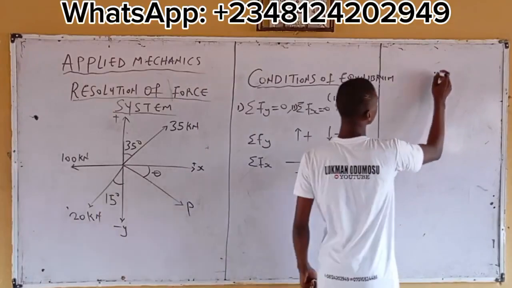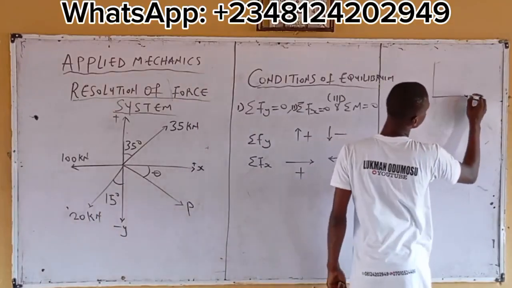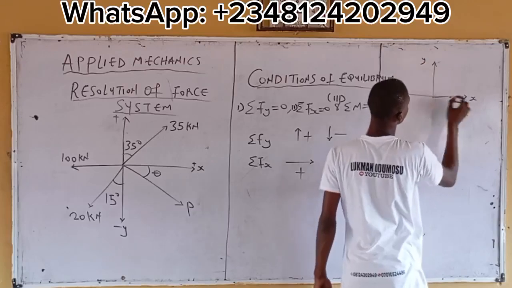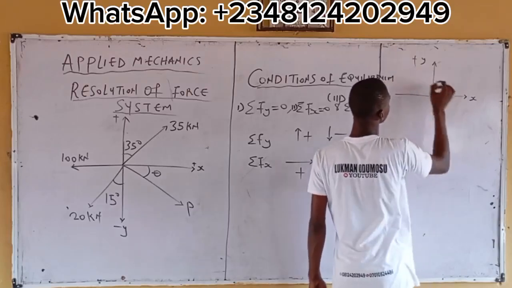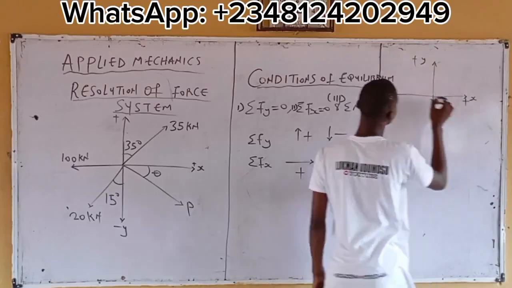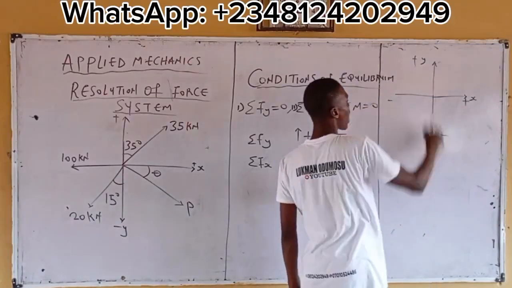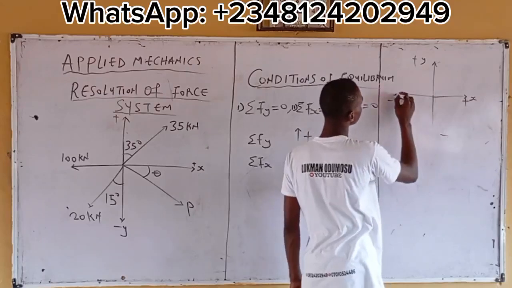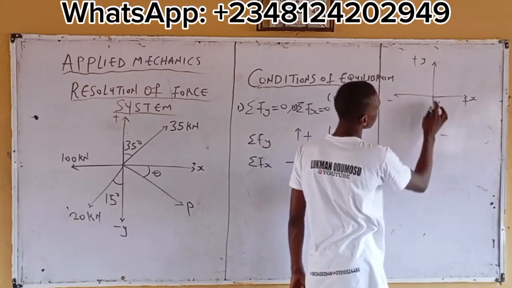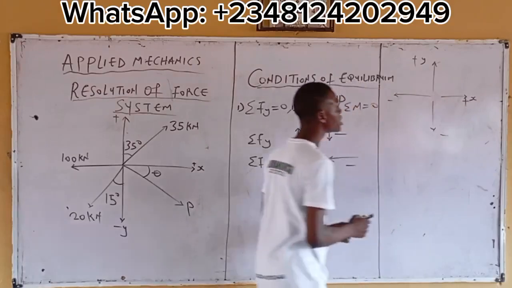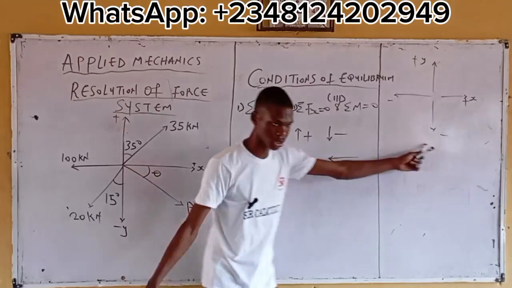Recall, from your Cartesian coordinate, you have your x and y axes, right? This is the positive region, and this is the negative region. From this Cartesian coordinate, you can relate what we've stated here to this, true or false?